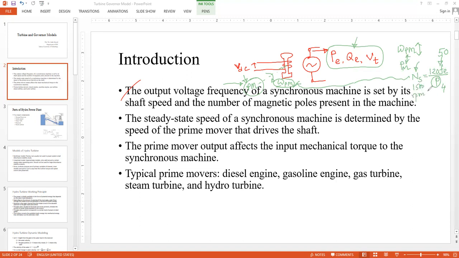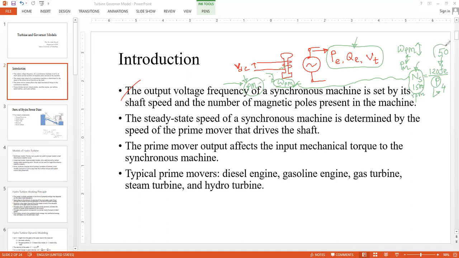Let's say it is an individual machine, not coupled to the infinite bus. Let's say we talk about an individual machine. If somehow this speed is varied, the number of poles in the machine is fixed, so it is not going to vary.